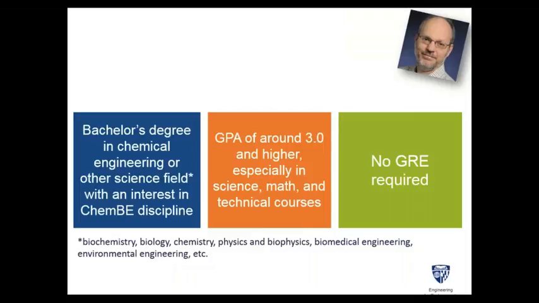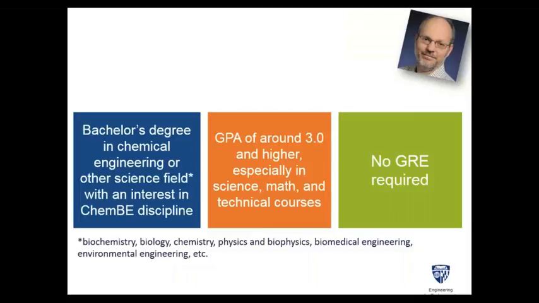at our Homewood campus. In terms of GPA requirements, we look for students that get around a 3.0 or higher in a technical or science degree. We focus primarily on that GPA of the science, math, and technical courses, engineering if you have them.